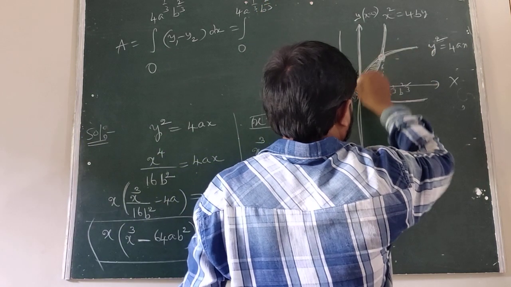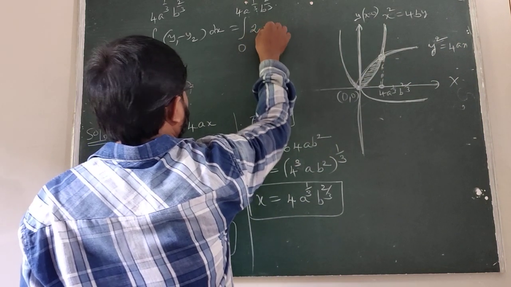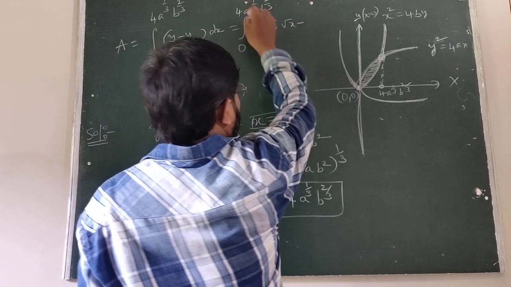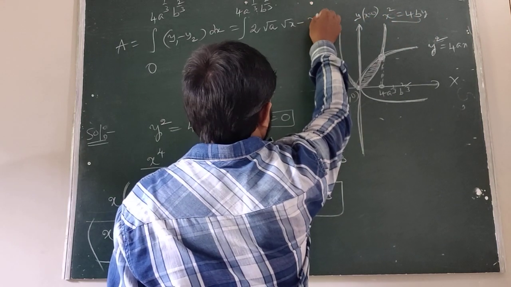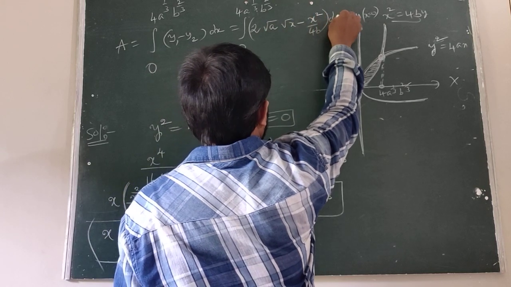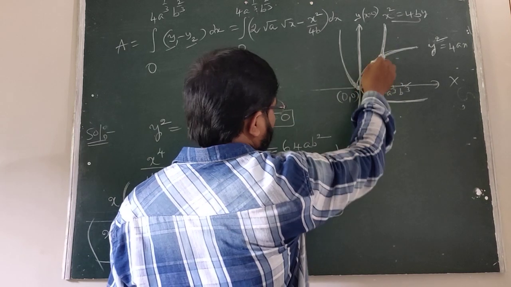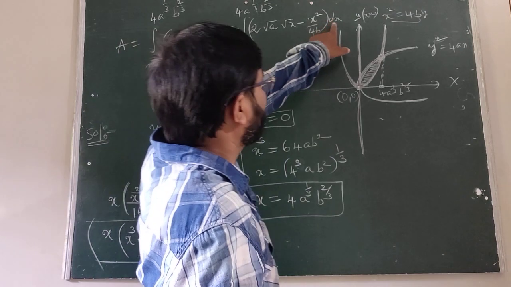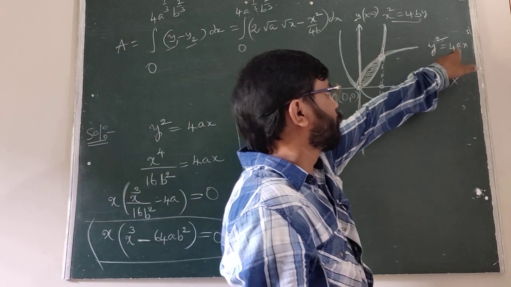For the upper curve, the square goes to the other side, root 4 is 2, root a, root x, minus the lower curve, y equal to x square by 4b, into dx. Since the integral variable is dx, we write it in terms of x, with the square going to the other side. Root 4 is 2, root a, root x.